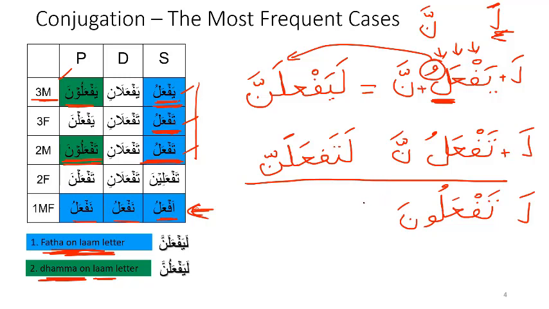Now here the rules are, the waw and the noon are dropped. These two are dropped. They are replaced by noon fatha, and this dhamma remains. So if I want to say all of you second person plural will most certainly do, I will say la taf'alunna.